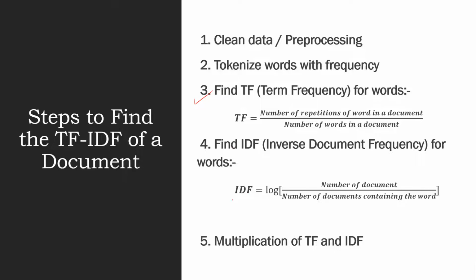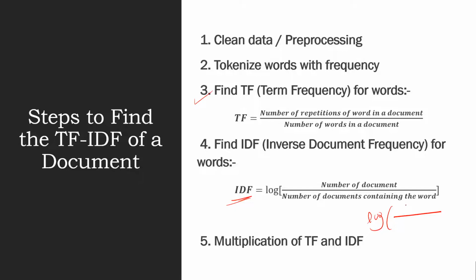After that, you need to find the IDF value. How can you find the IDF value? Log of the total number of documents divided by the total number of documents that contain the word economy. To calculate the IDF, first you put log. Inside the log, in the top, you put the total number of documents without considering anything. In the bottom part, you put the total number of documents that contain the word economy.